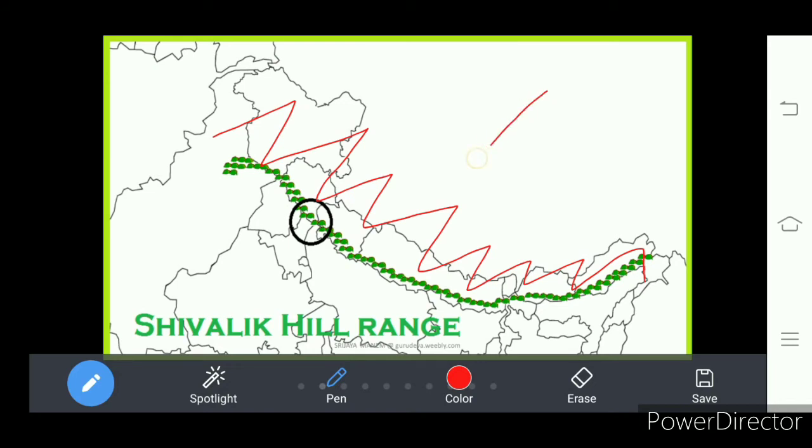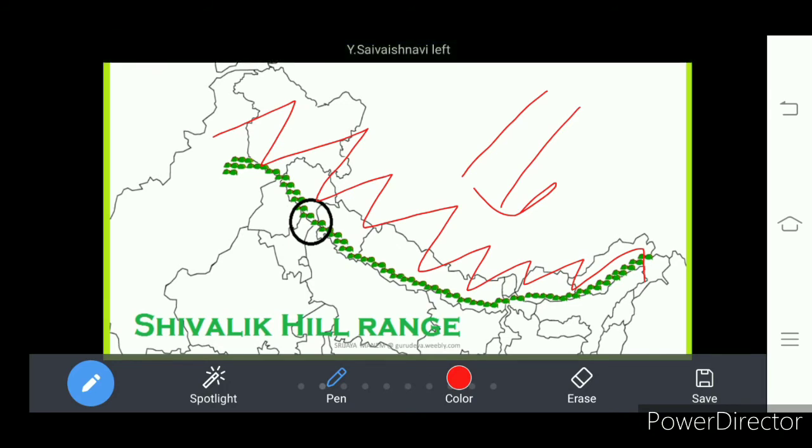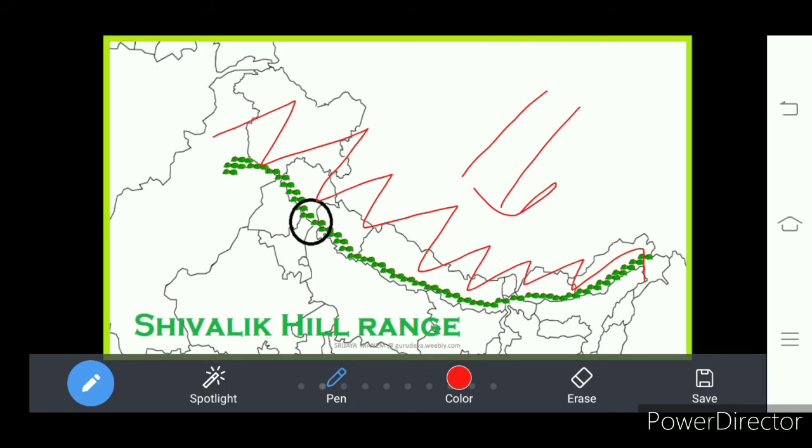China is there, so they cannot attack easily on India. So Himalayan mountains protect us from foreign invasions.